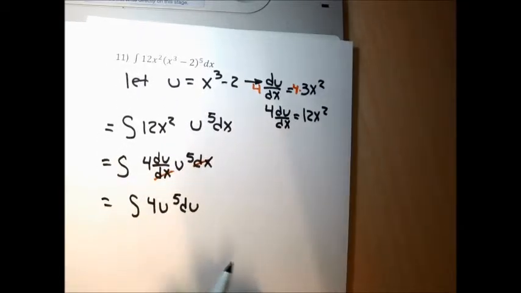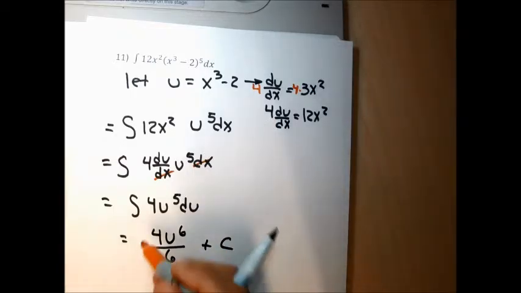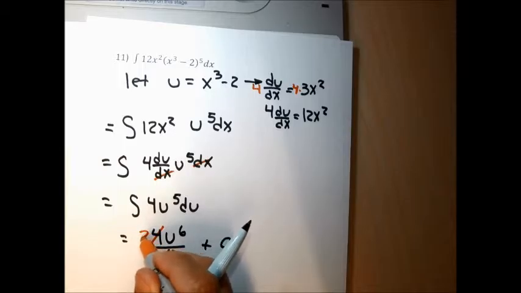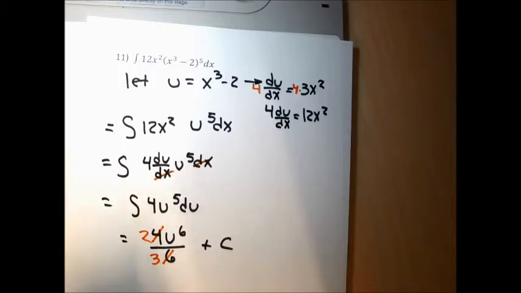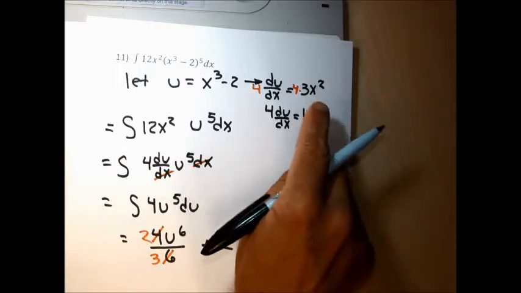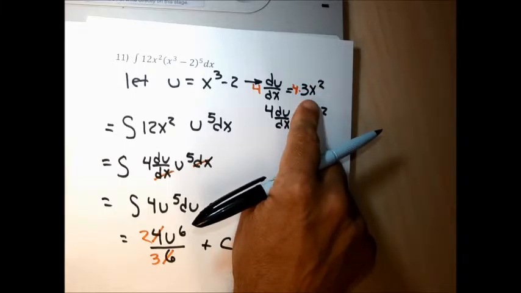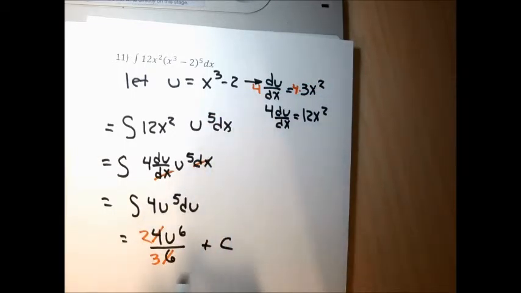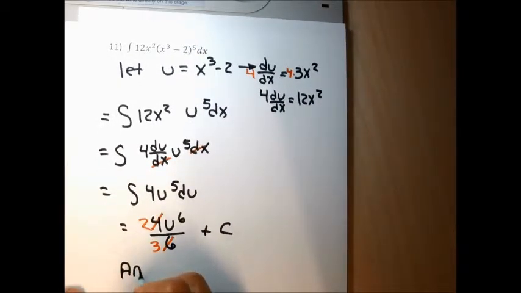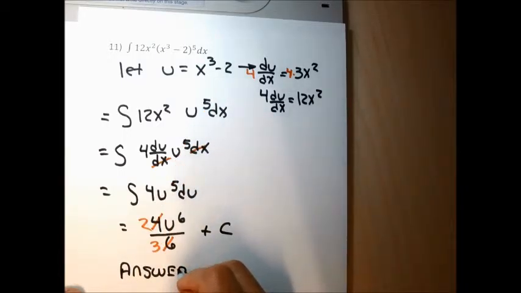Add 1 to the exponent, divide by the new exponent, so I'm going to get 4u to the 6th over 6 plus c. I think I can get straight into a good answer. I'm going to reduce the 4/6 to 2/3, and I'm going to change the u to x cubed minus 2. My work up top was a little jumbled, so it was hard for me to figure out what I put for the u.